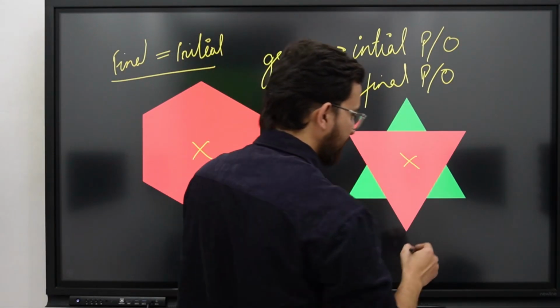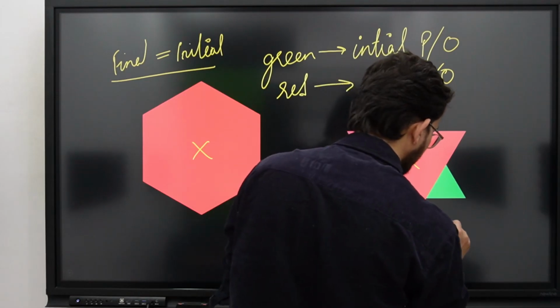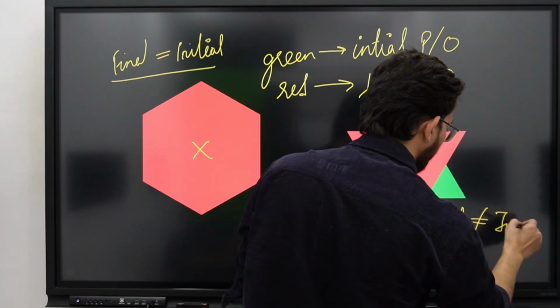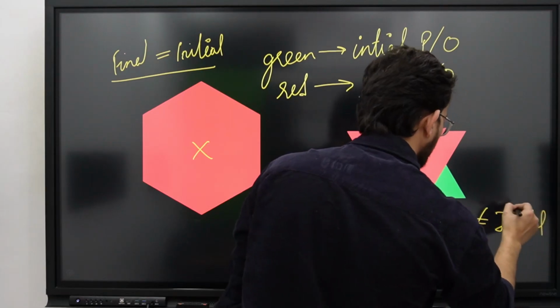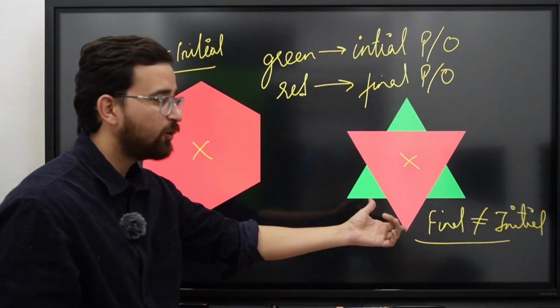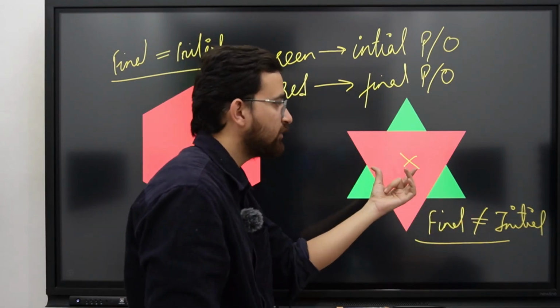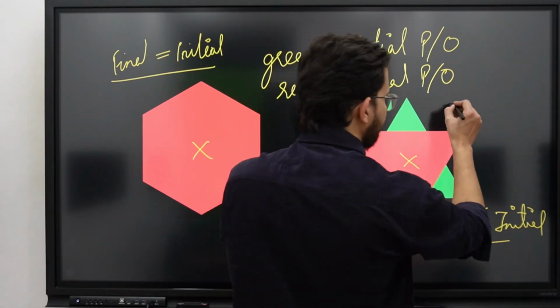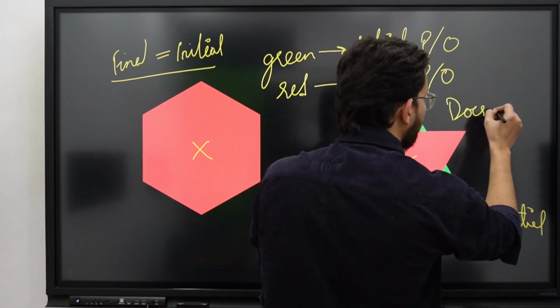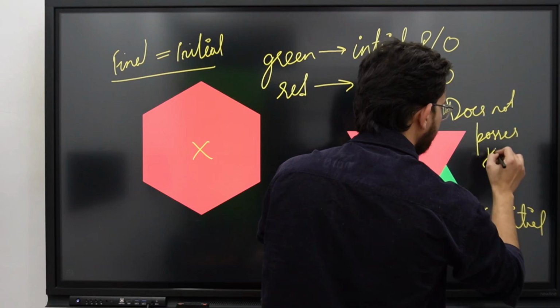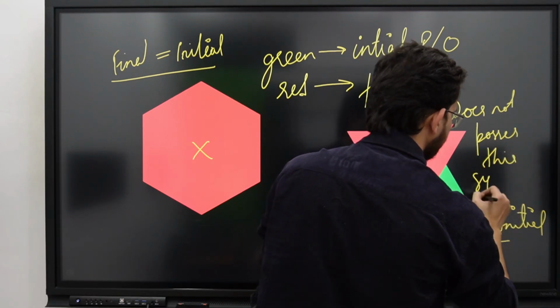What happened with the triangle? The final object did not overlap with the initial object. Because the final object is not overlapping with the initial object, this triangle does not possess this symmetry.